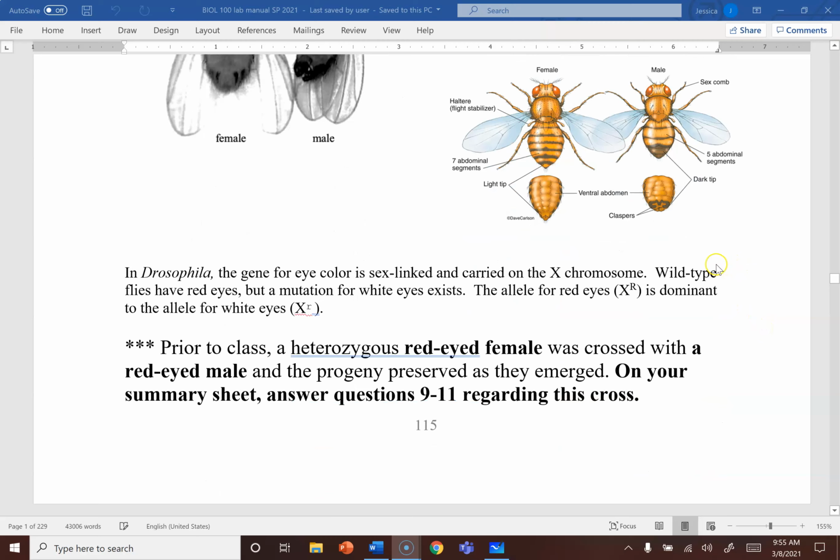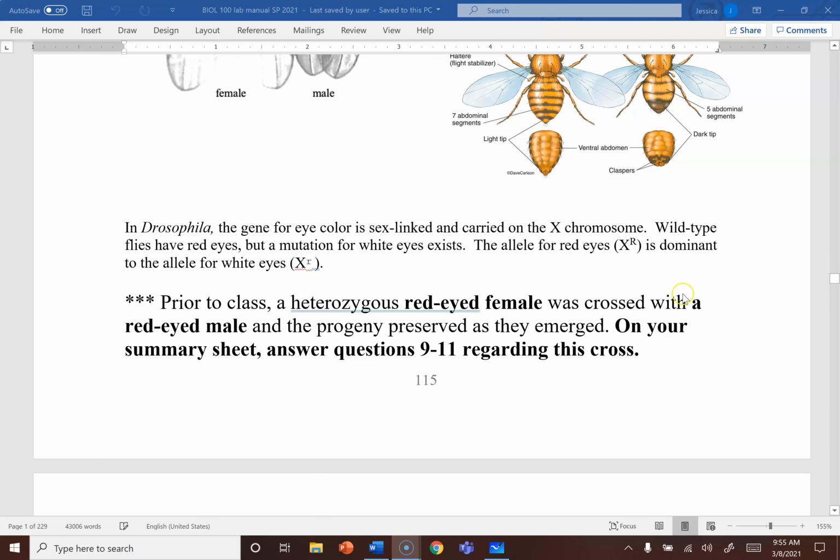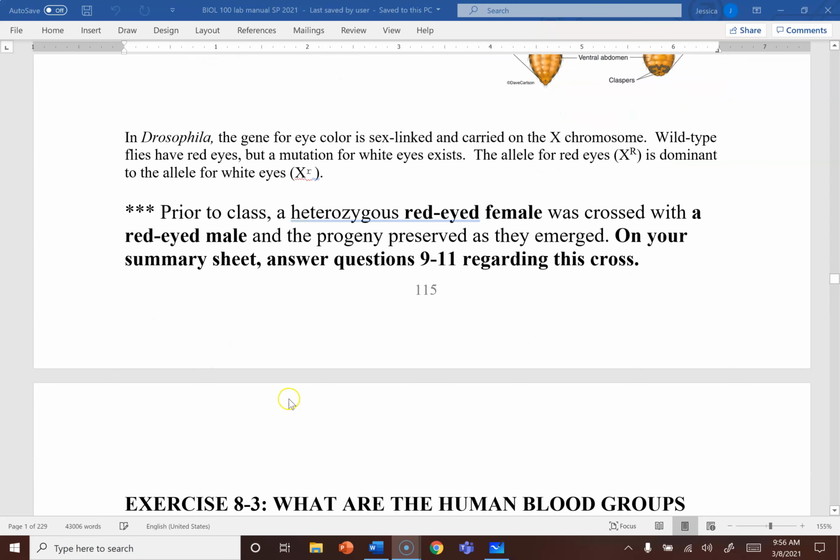So from there, you're going to start out with a cross, and the flies in the images are a cross between a red-eyed female and a red-eyed male. So the first thing you're going to need to do is to determine the genotypes of these individuals. Now, this is a sex-linked trait.